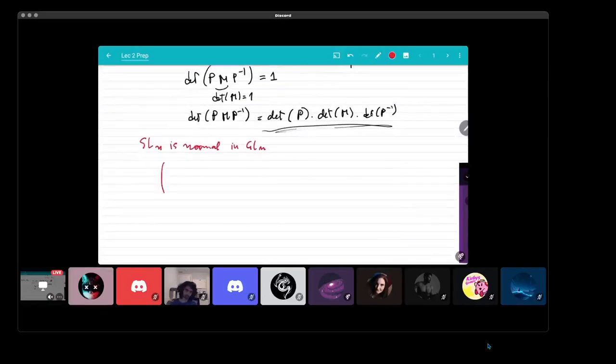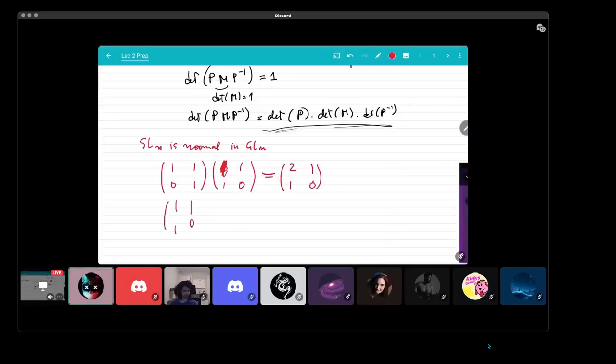Counterexamples of matrices with determinant 1 that do not commute? Well, I don't know, let's check. Do these commute? Not sure. This is going to give us 2, 1, 1, 0.